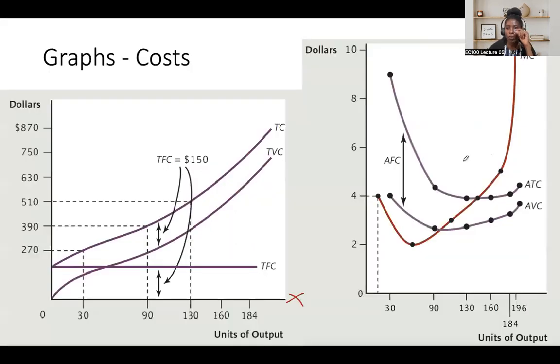So as you see, while the x-axis has the same measure, the y-axis has much smaller values. So we cannot combine them. Otherwise, they will be somewhere here. You won't be able to see them if you mix them with this because the scaling is different. So that's why we have them on a different scale, and because it's a different scale, we're able to see them clearly. Here it's just from 0 to 10 because it's per unit of output.